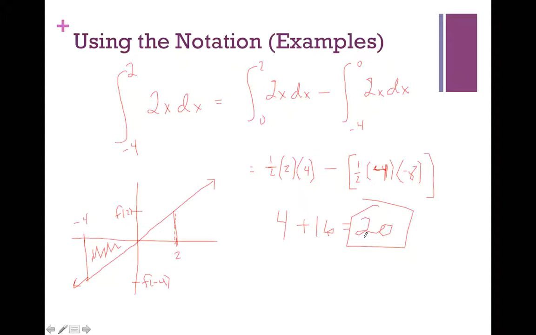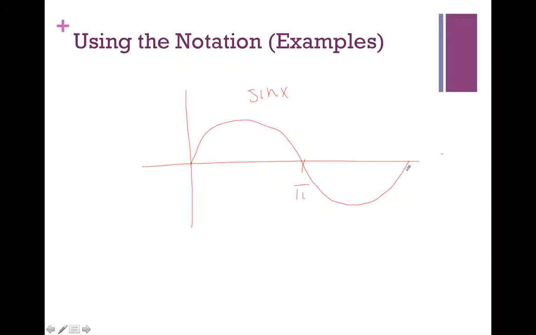All right, one last thing I'm going to leave you with. It's not even a problem, just a statement. If you recall from last year, one of the problems they give in the notes section is the sine function, sine of x, going from 0 to pi, or from 0 to 2 pi.